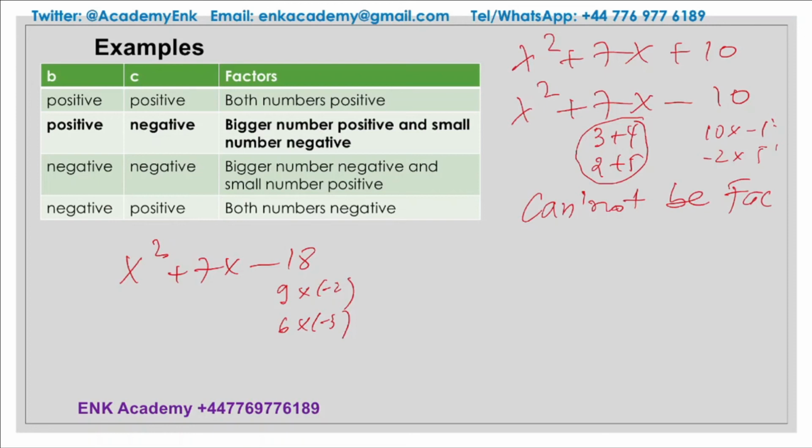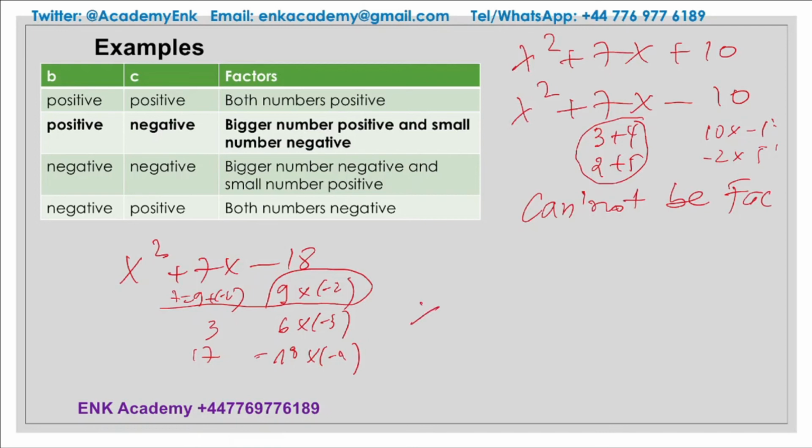We also have 18 times minus 1. If we now look at the sum, 9 plus minus 2 is 7. 6 plus minus 3 is 3. This one gives 17. And therefore, these two terms, 9 and minus 2, are our factors.